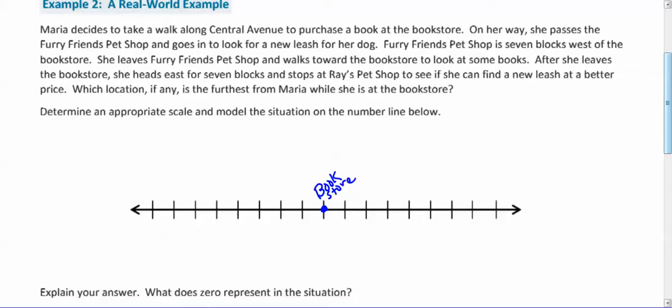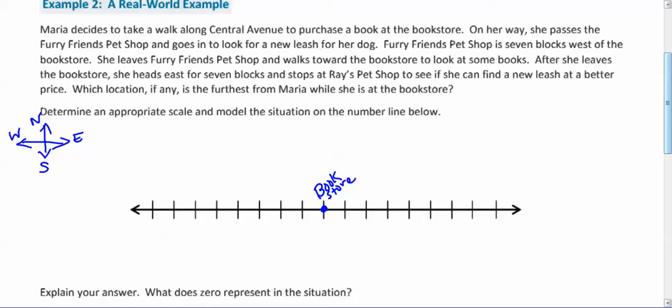Maria decides to take a walk along Central Ave to purchase a book at the bookstore. On her way, she passes the Furry Friends pet shop and goes in. It's 7 blocks west of the bookstore. Well, let's see if this works. So let's go 7 blocks west. Now, if you guys remember a compass rose in social studies class, this is north, this is south, this is west, this is east. So she is going 7 blocks west, so she's going to the left.